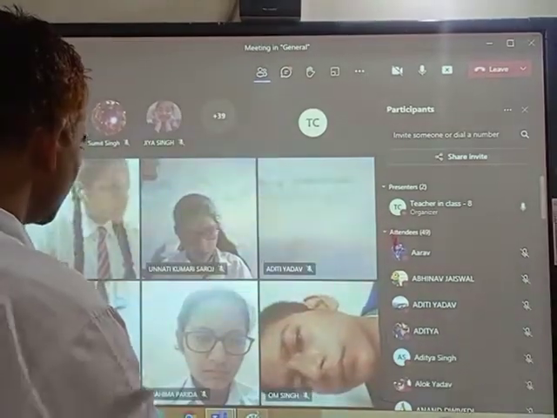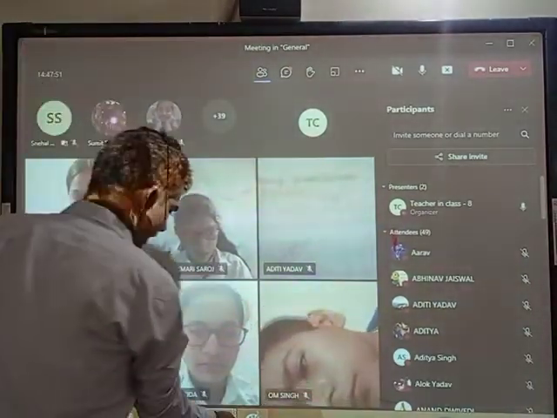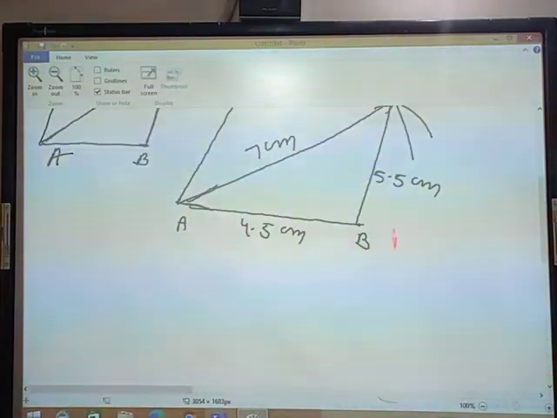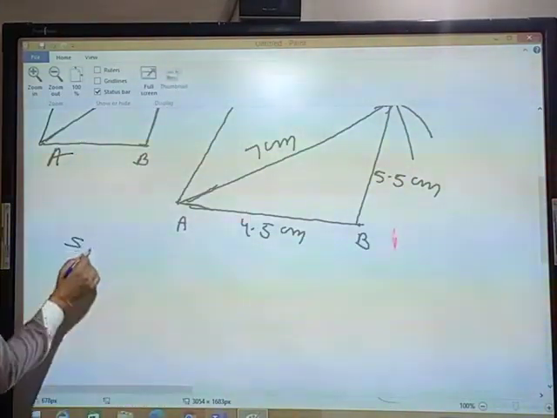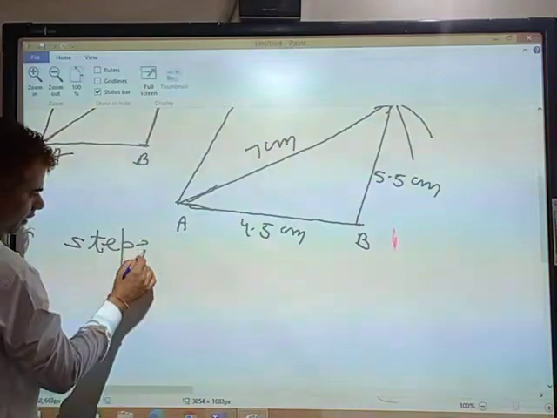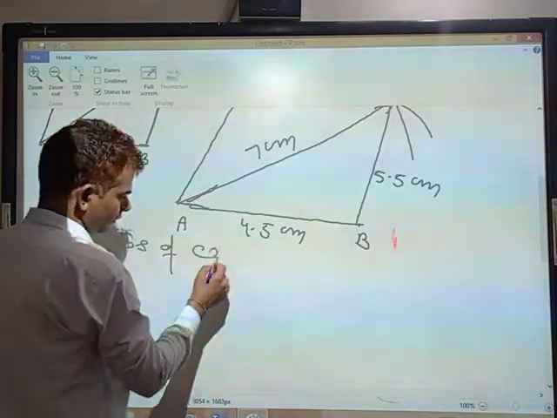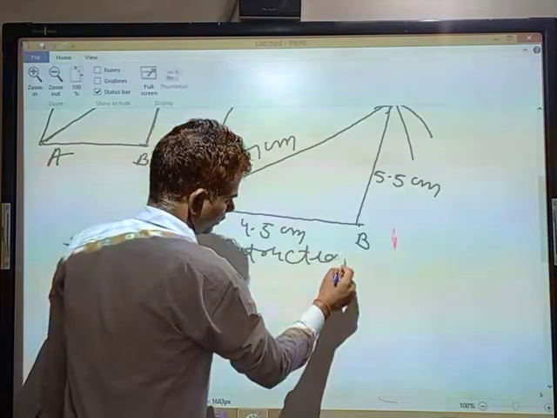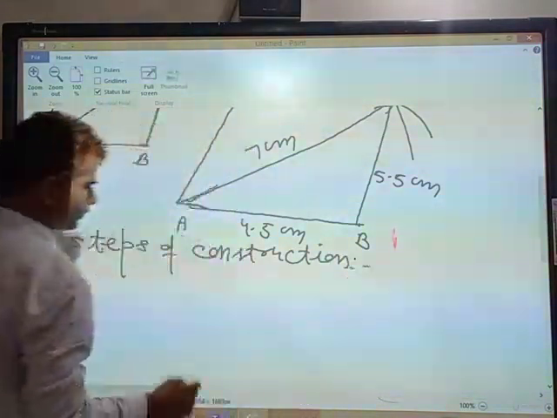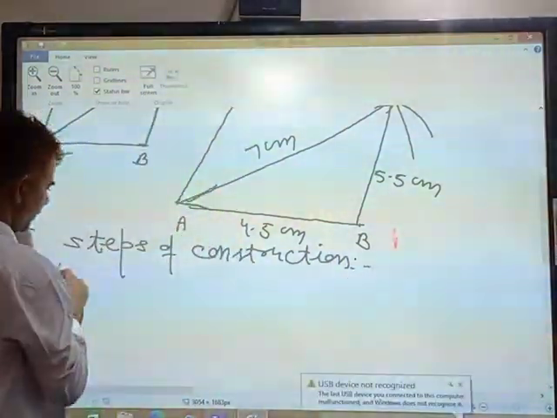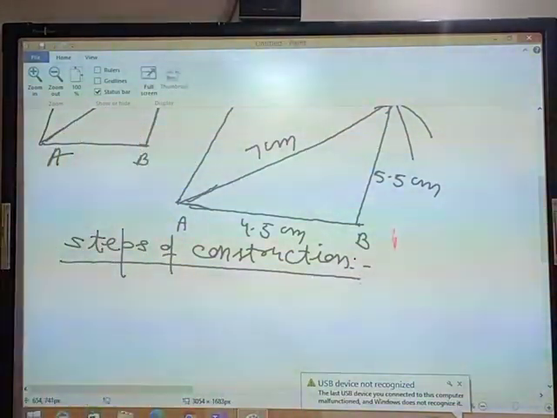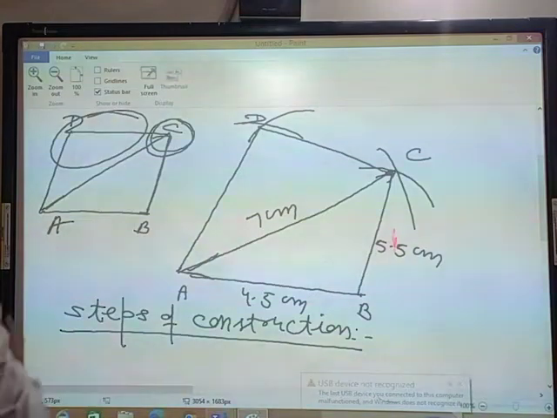Now, next, steps of construction. There is no need to draw the rough sketch.